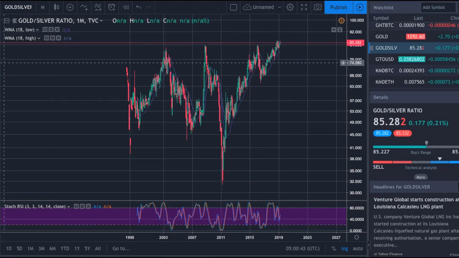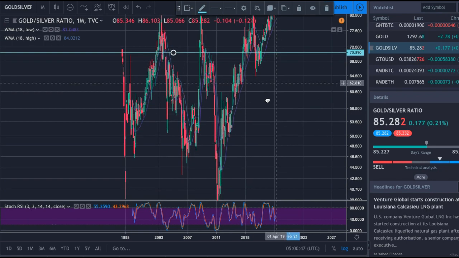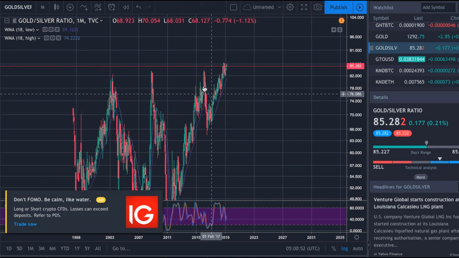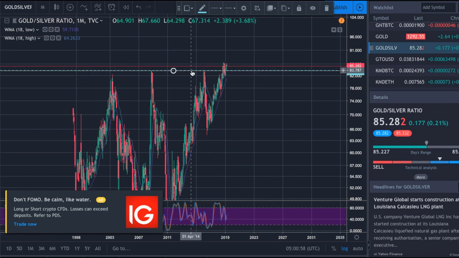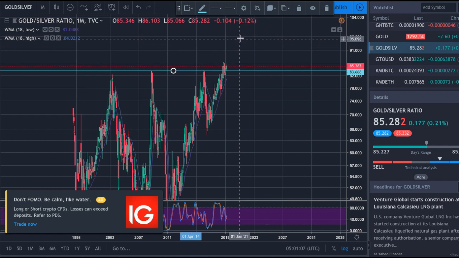So what you might find is that we might have a little potential area of support here at the 80 mark. So could we bounce off the 80 mark and keep going higher, going closer and closer to the 100 mark?